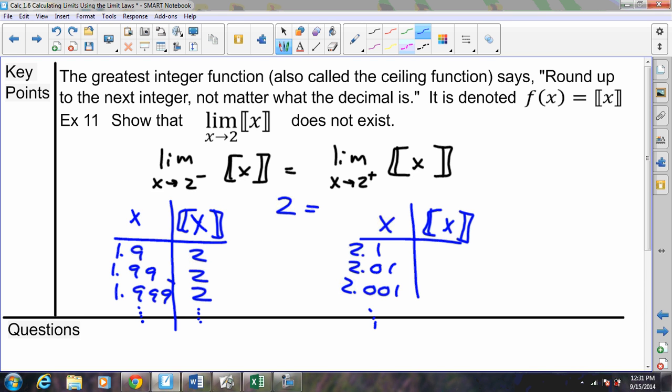We still have to go up to the next biggest integer. 2.1 is required to round up to a 3. 2.01, still bigger than 2, it rounds up. 2.001, although barely beyond 2, is still beyond 2, so it rounds up to 3. And it doesn't matter how many zeros we start attaching to it, it's always going to be something that's a tiny, tiny, tiny bit bigger than 2. So they're always going to round up to 3, and this is why the limit does not exist.